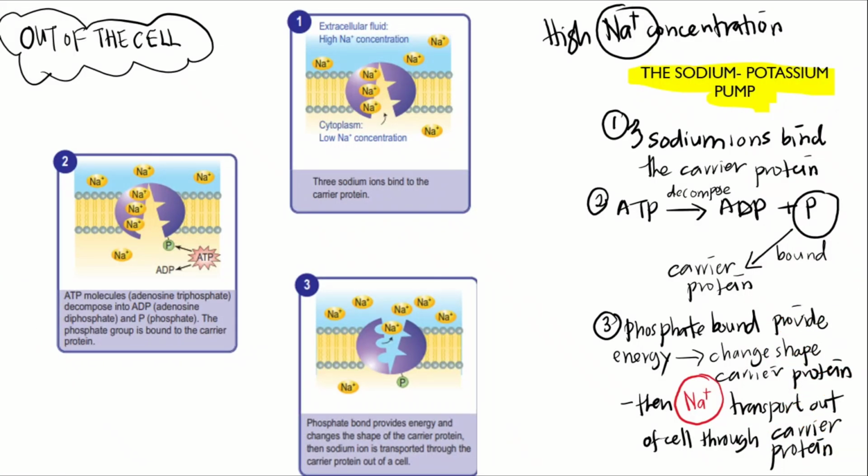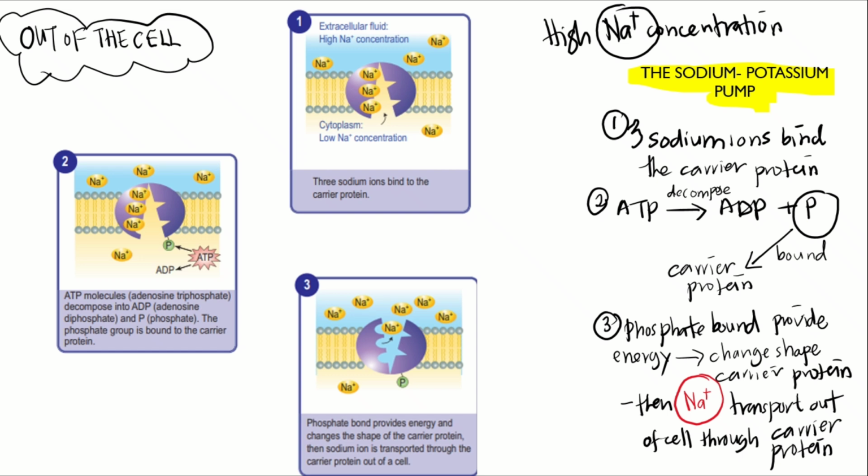Let me discuss the sodium-potassium pump. Number one is when the condition outside of the cell, in the extracellular fluid, has a high sodium concentration. So what will happen is 3 sodium ions will bind to the carrier protein inside the cell.